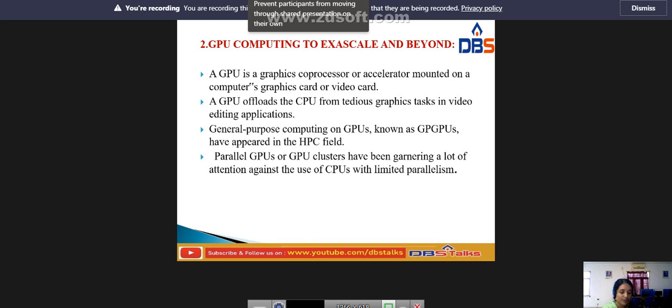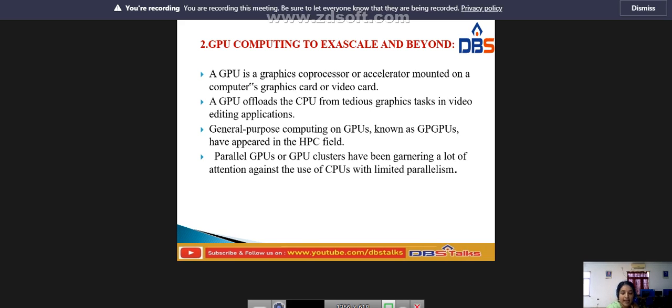Some GPU features are integrated into certain CPUs. CPUs are structured with only a few cores. In this example, the Xeon X5670 CPU has 6 cores. A modern GPU chip can be built with hundreds of processing cores.